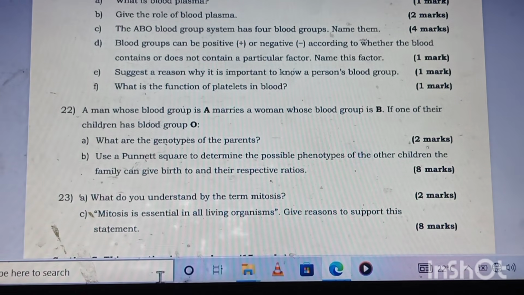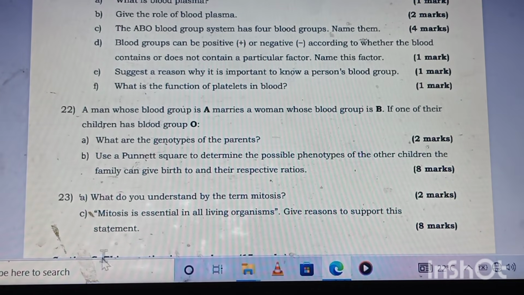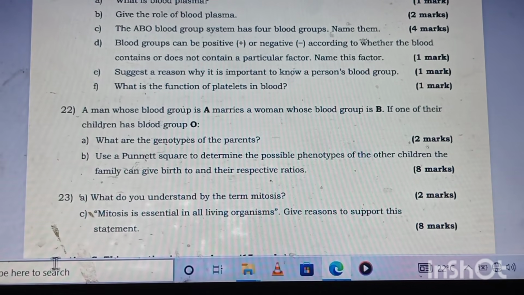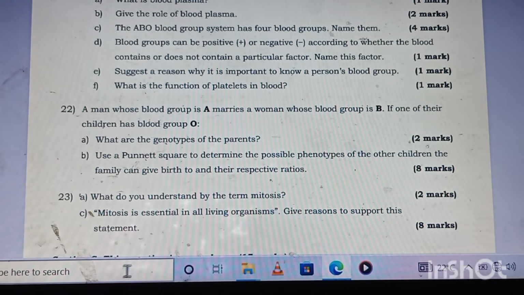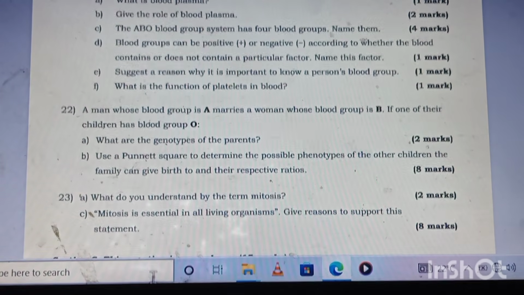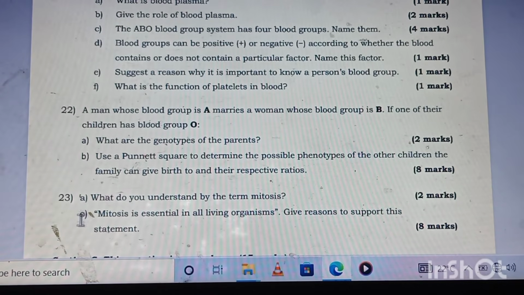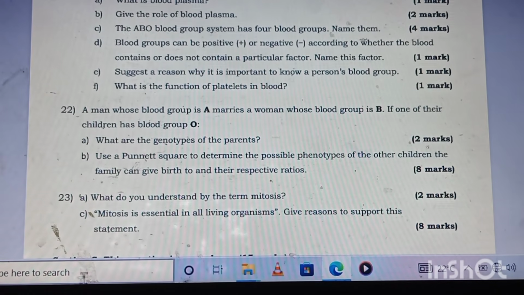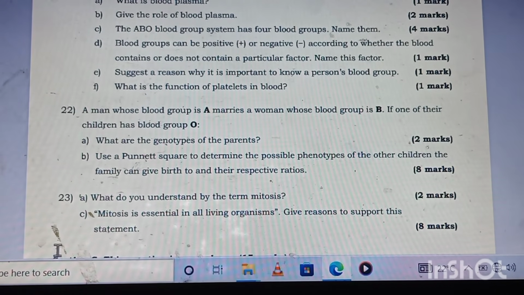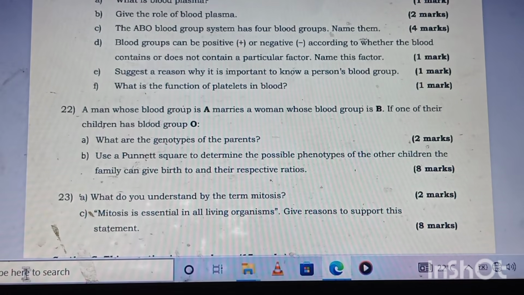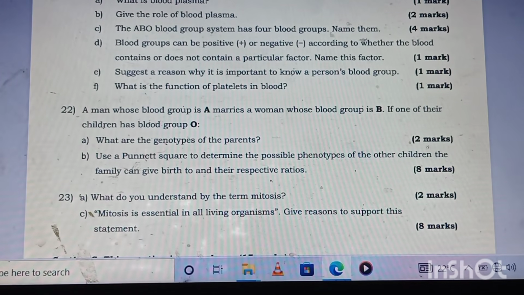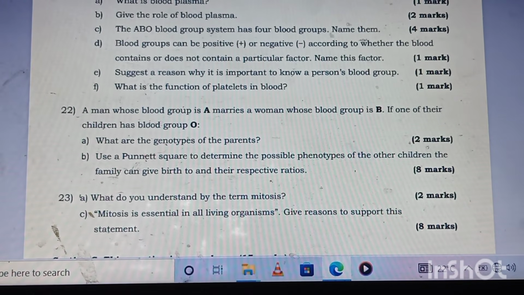By using Punnett square, we have AO, BO, then you cross with AB, and also OB, AO, OO. Meaning for here we have blood group AB or blood group B, blood group A, and blood group O. That is the possible.